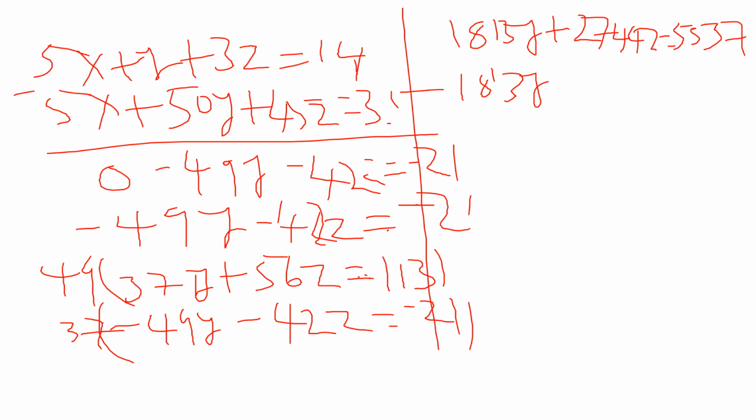Then the other one should give us negative 294z, and if we multiply 7 by negative 21, it should give us negative 777.